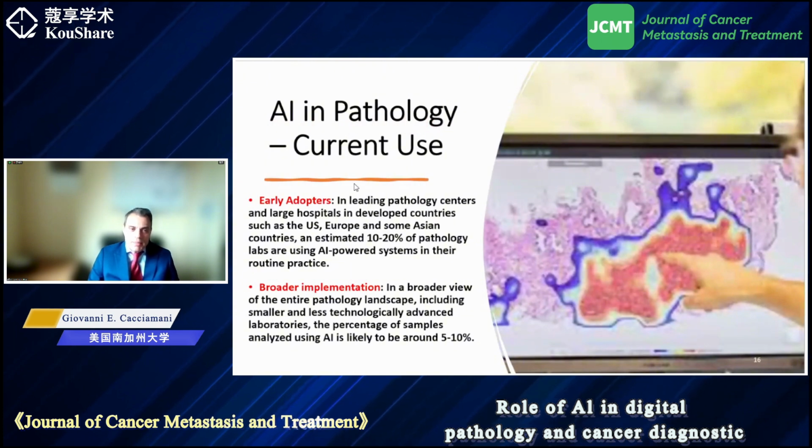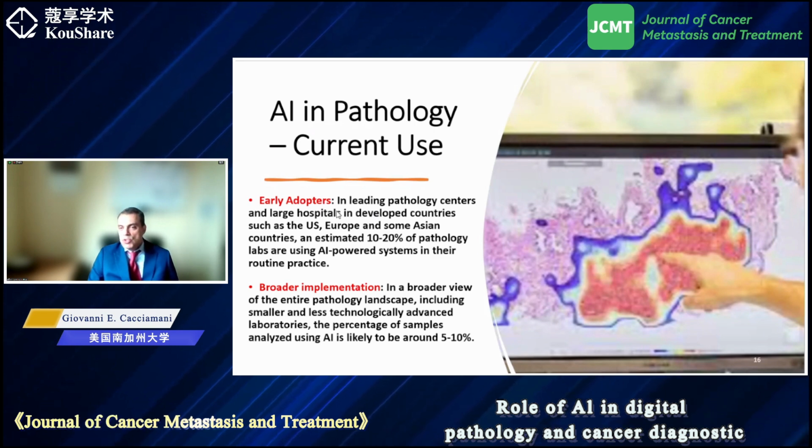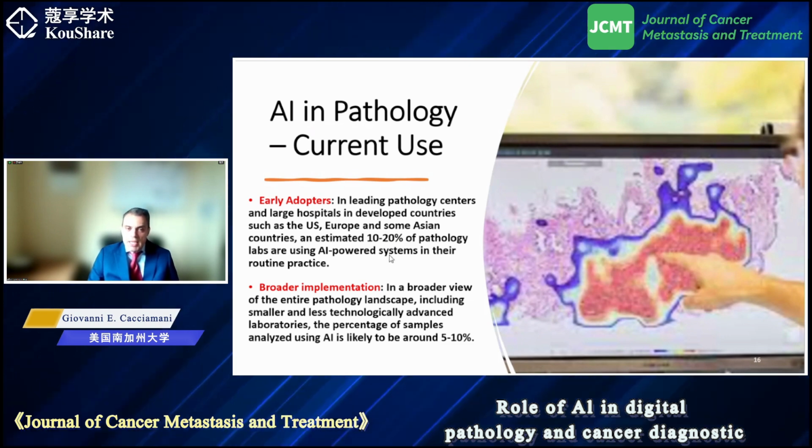Currently, it is estimated that 10 to 20% of pathological analyses benefit, at least in part, worldwide, from artificial intelligence in digital pathology. It means that 1 or 2 out of 10 pathologists currently use digital images in the clinical world.